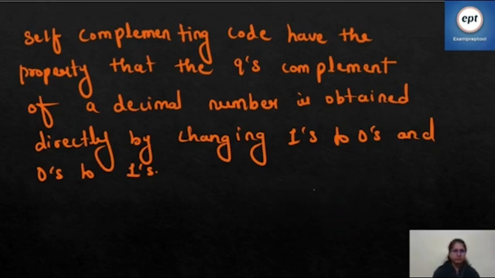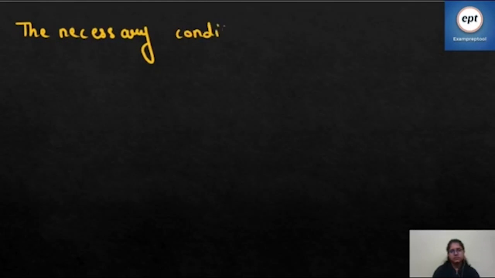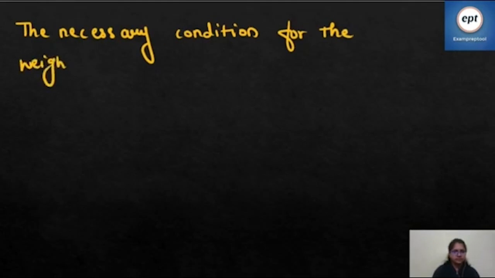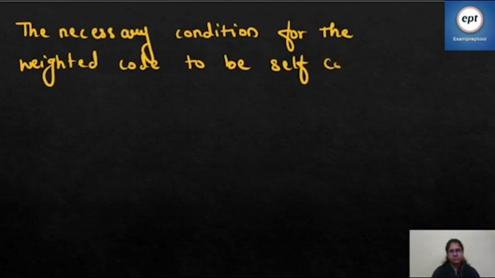Okay, now what are the necessary conditions of self-complementing? Let's see that. So this is the part of definition. Now let's see the necessary condition for the weighted code to be self-complementing.